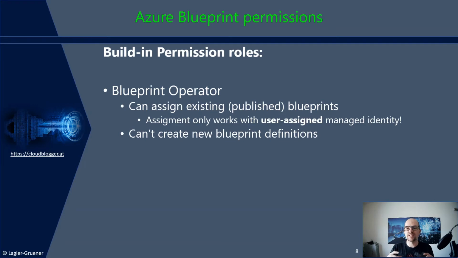And when the assignment is done, the system-assigned managed identity will be deleted automatically. So there are two different ways. One is the temporary assignment, and the second one is the fixed assignment, the user assignment, for example.